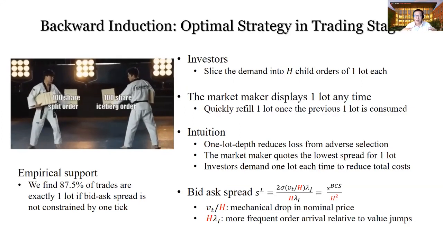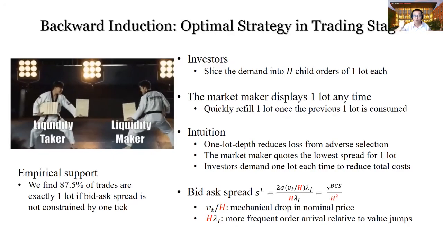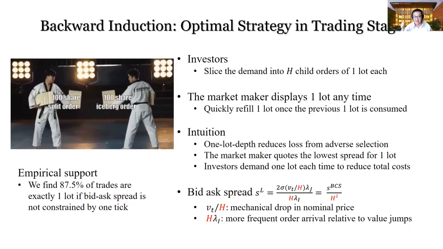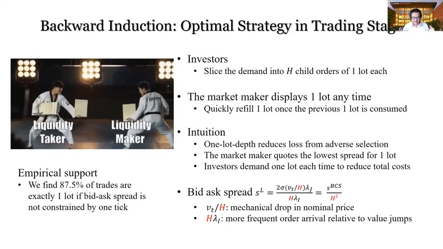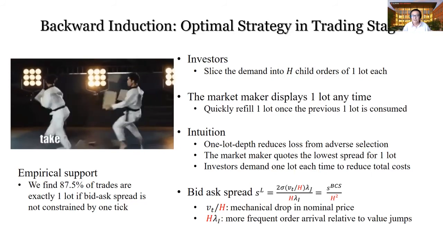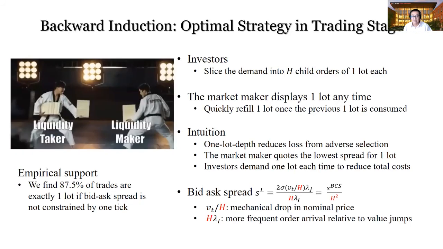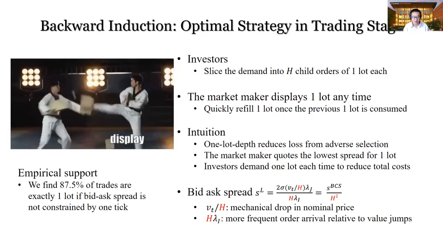But the question is, how can you fulfill the demand of H shares? You quickly refill 1 lot once the previous 1 lot is consumed. So what's the intuition? 1 lot of depth minimizes the loss from adverse selection. The market maker quotes the lowest spread for 1 lot, and because of that, investors demand 1 lot each time to reduce total losses.